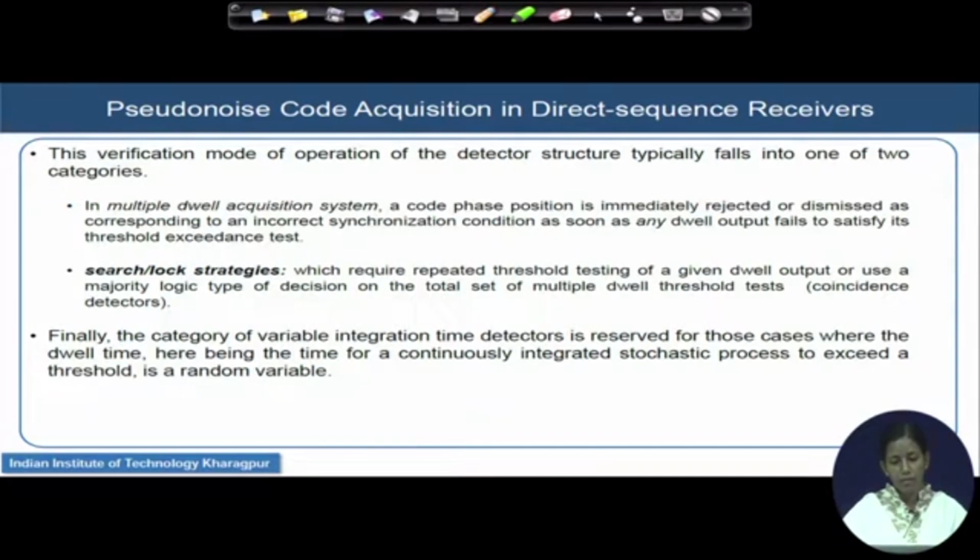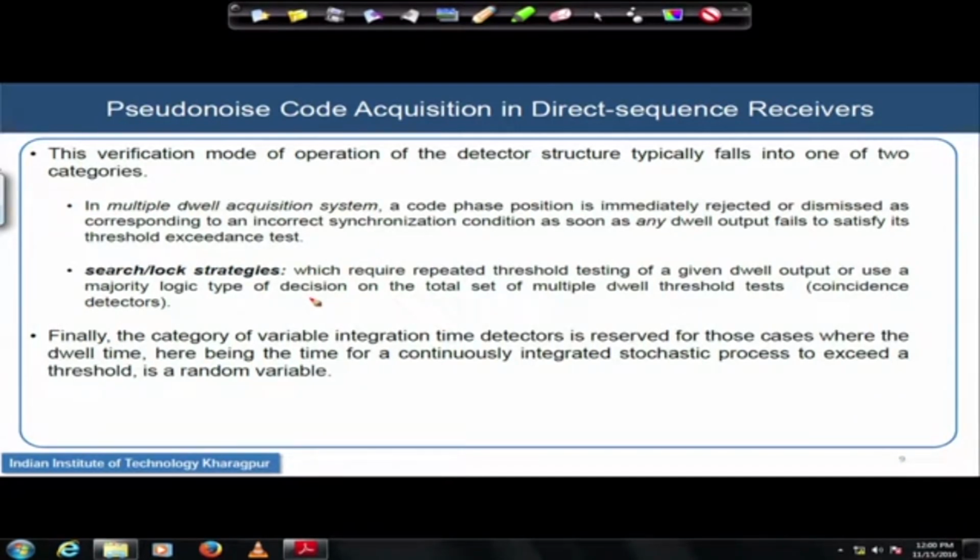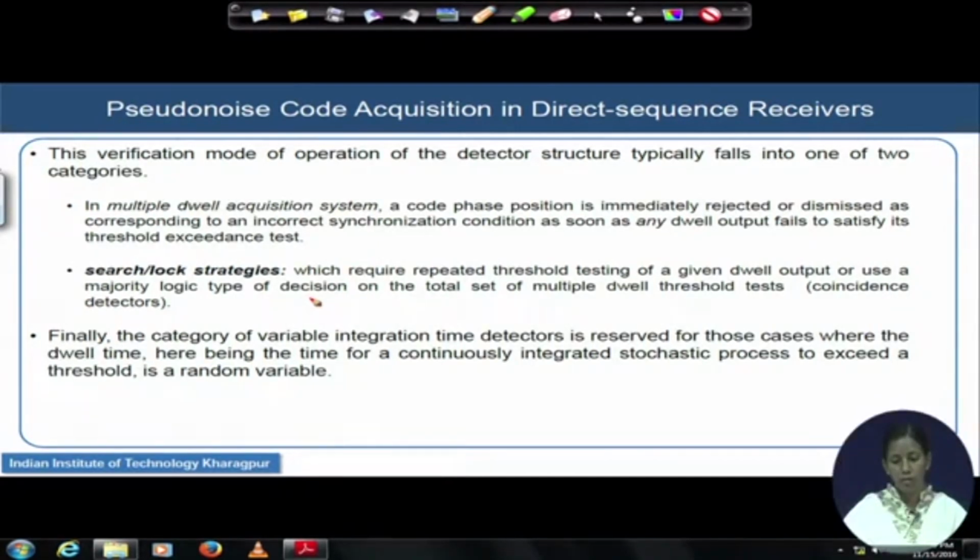This verification algorithm, as I told you, has multiple ways or approaches in practice to declare synchronization. One is the search and lock strategy that I have just explained, which decides that it is locked if the majority of the times the difference crosses the threshold level. And multiple dwell acquisition systems declare that synchronization is not achieved if in any one of the dwell times the output fails to cross the limit.